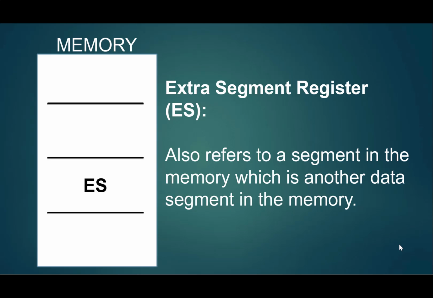If you have 10 blocks of data in the data segment and 10 blocks of data in the extra segment, you can easily compare these 2 strings with a single compare string instruction, and it makes it much simpler to compare 2 strings in 8086 because of this extra segment.